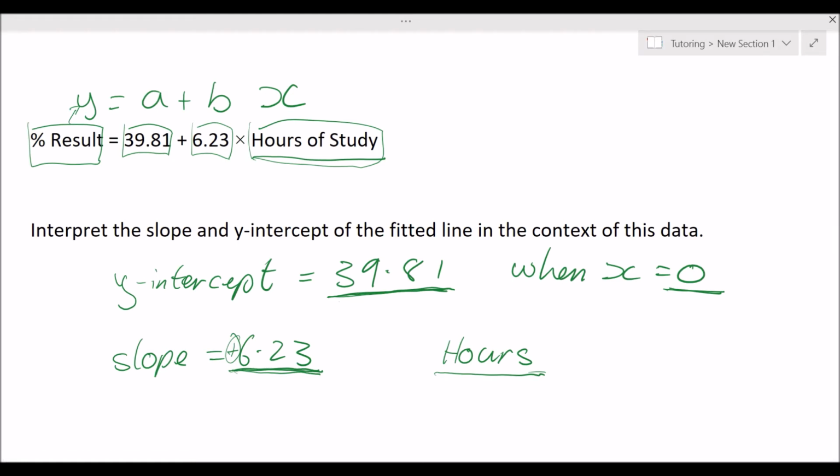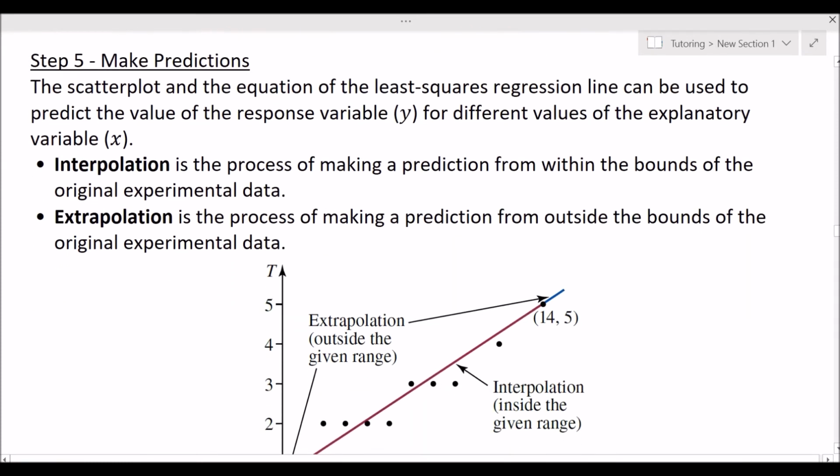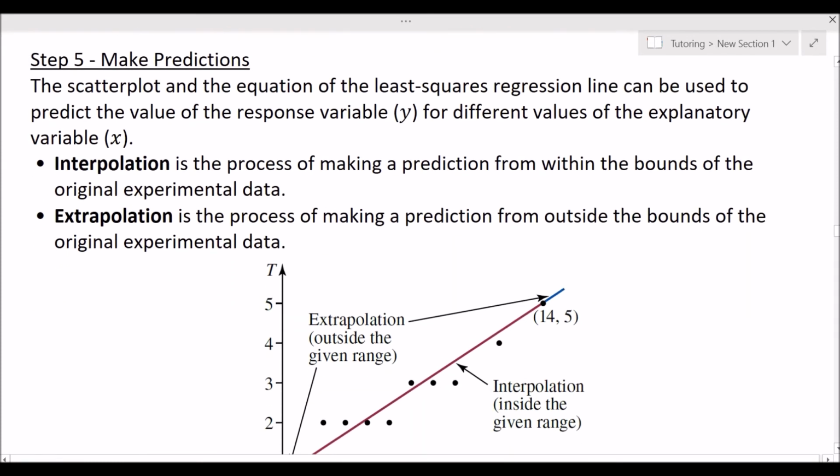Okay, let's move on to step 5 now and use our equation to make predictions. Okay, so you can use that equation that you came up with to predict the value of the response variable. Now there's two processes that we need to know about here: interpolation and extrapolation.